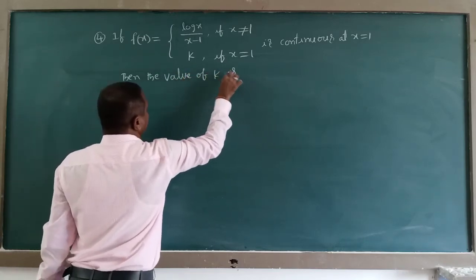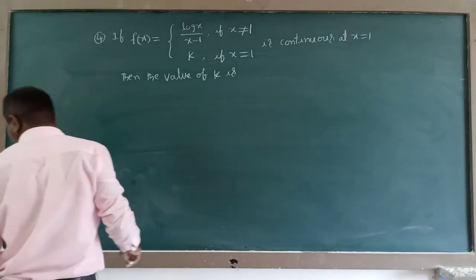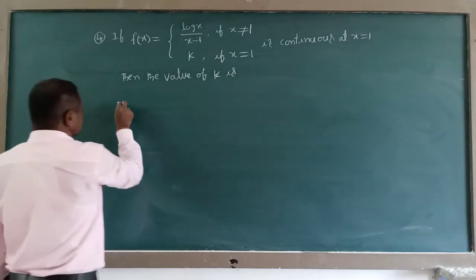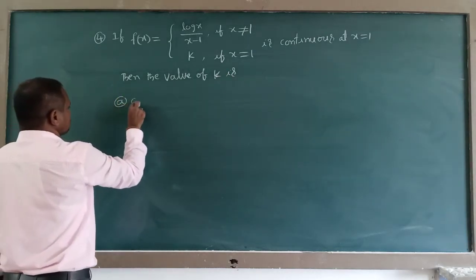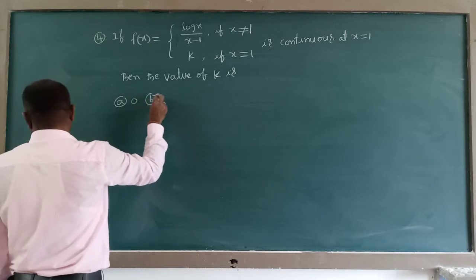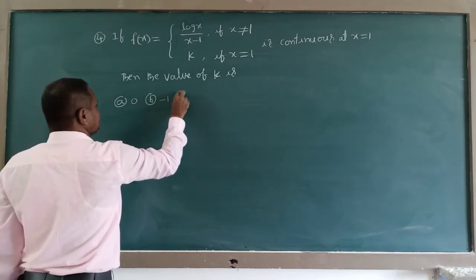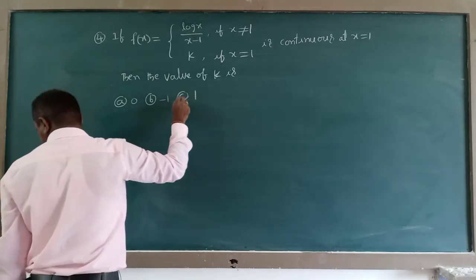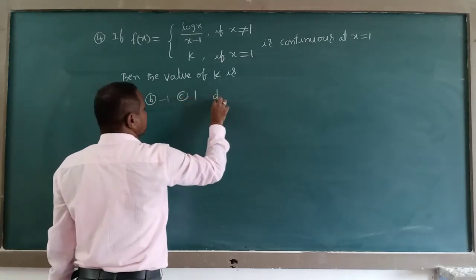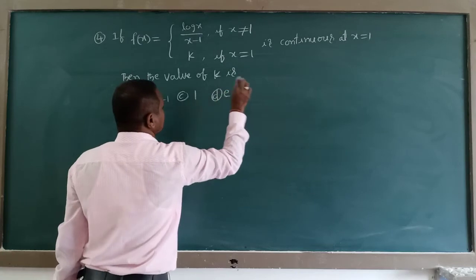Options: first option 0, second option minus 1, third option plus 1, and last fourth option e.